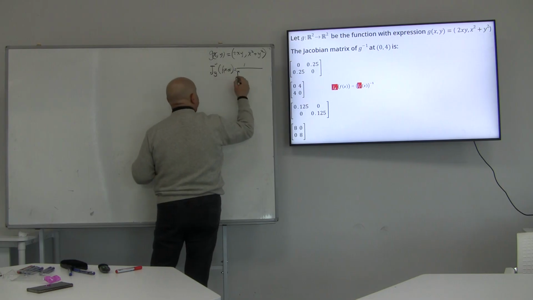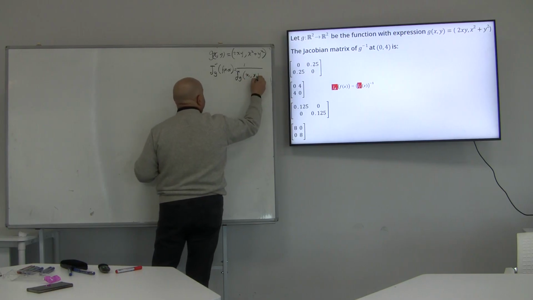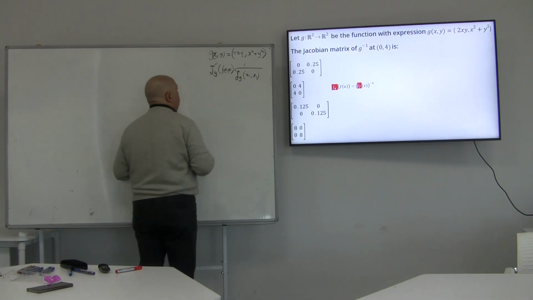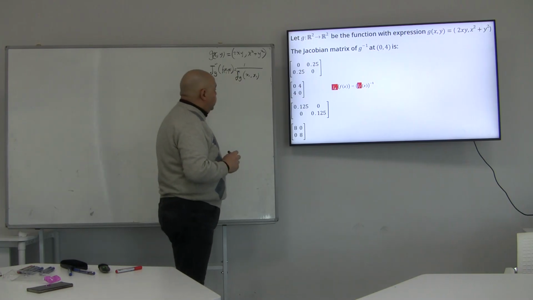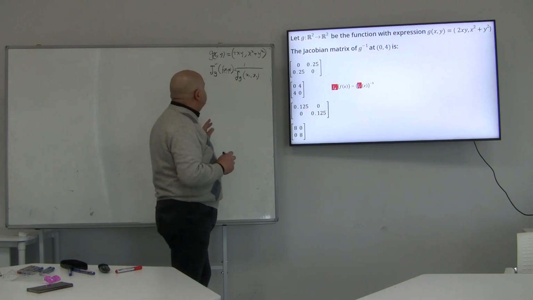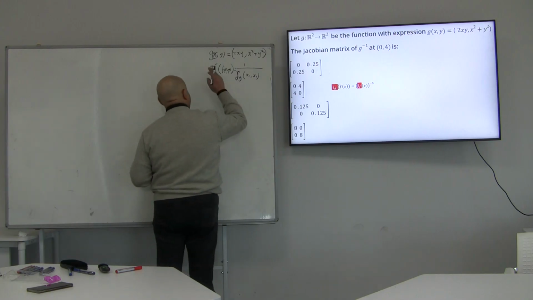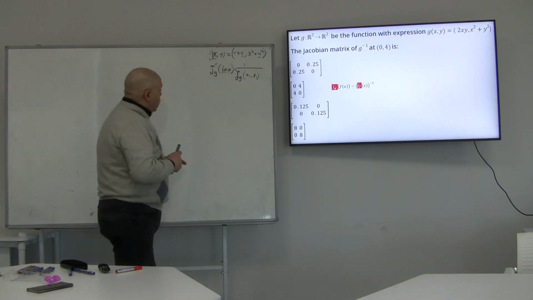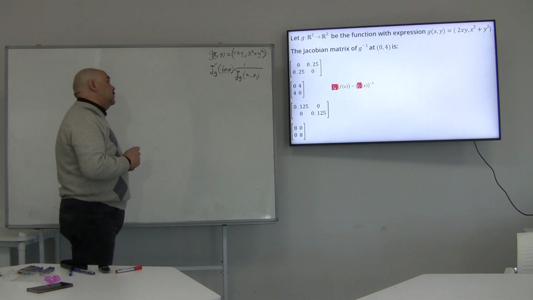This is for g inverse, of course. So this is the inverse function that I'm telling you about. Once more, this is the inverse of g. The problem is I need to find x1, y1.